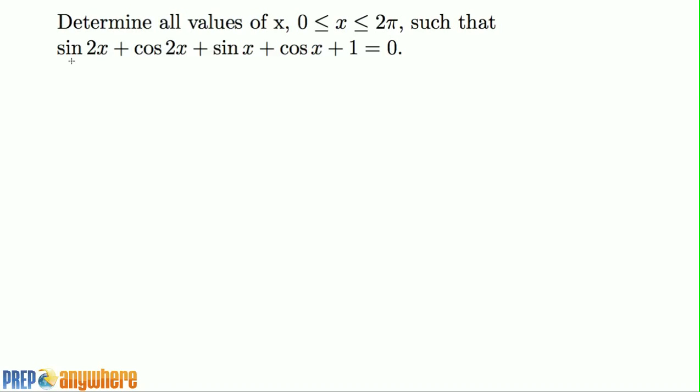So when we expand this one, we get 2 sine of x cosine of x, right? So we have a term with sine and cosine together. So you might factor out with one of these, but this one, we've seen this before.